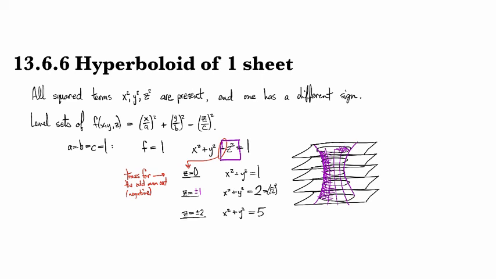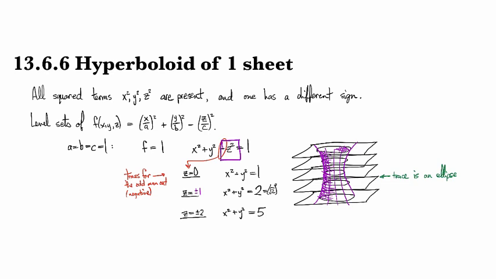You can notice that each of these horizontal traces is an ellipse. In this case, they're actually circles because I've taken both the coefficients to be the same, but in general, they'll be ellipses. And then these purple lines that I was drawing on there are actually hyperbolas.